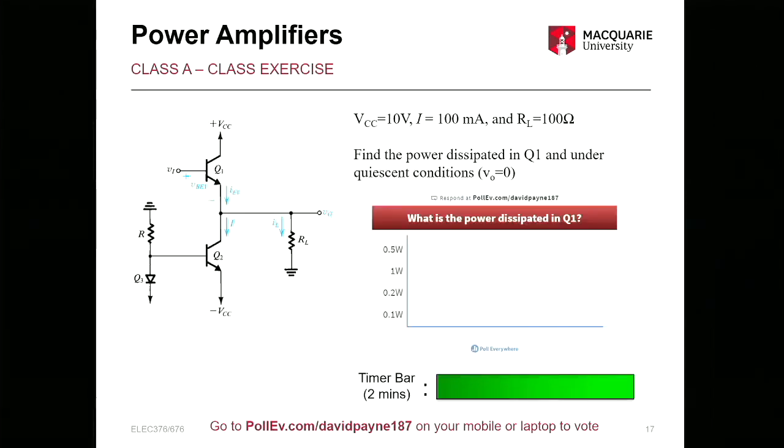All right, we have a quick question on this. This is a fairly straightforward one. Find the power dissipated in Q1 under the quiescent condition. So that's just when V out is equal to 0, just that equilibrium state.